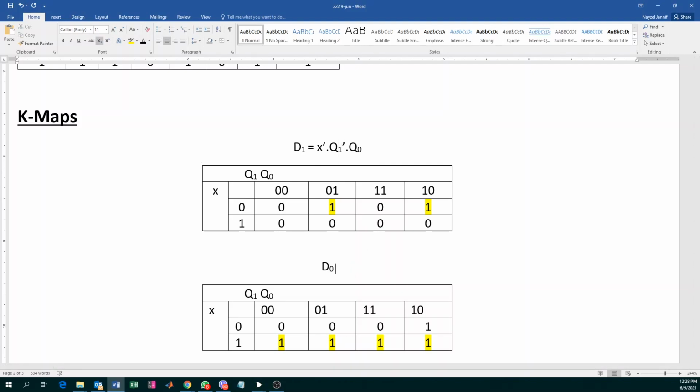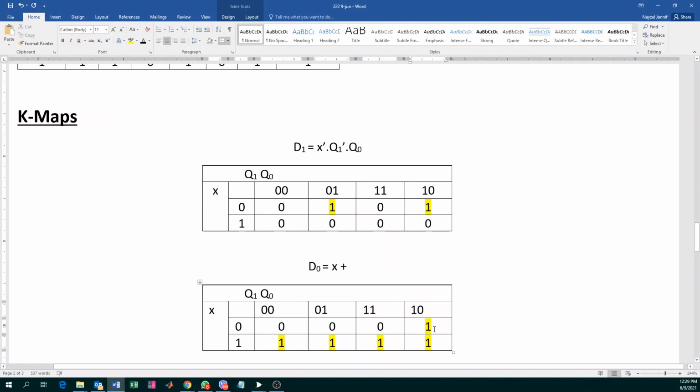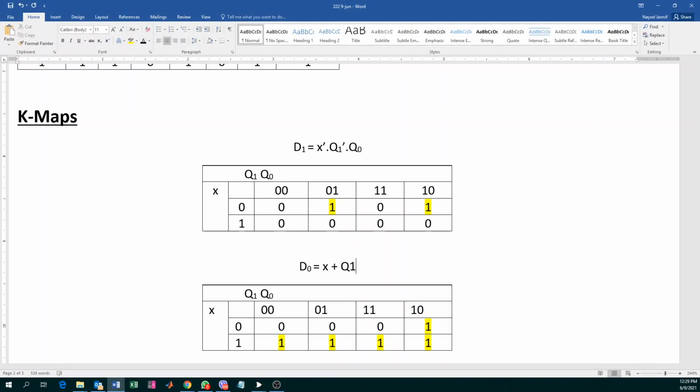Okay, over here, slightly different scenario. You've got this whole line over there. There'll be just an X, right? And then you've got another 2 which is over there, right? So that's X or Q1, or Q0 bar.